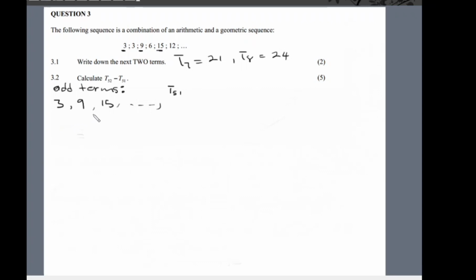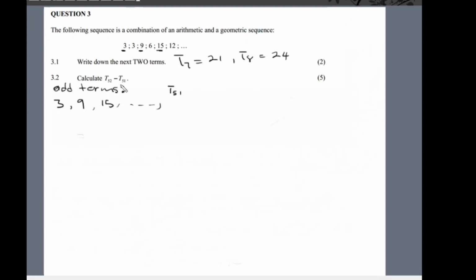Okay, so what we need to do now, this one is a tricky one. What we need to do is, from this original sequence, find the value of T51 and the value of T52, right?